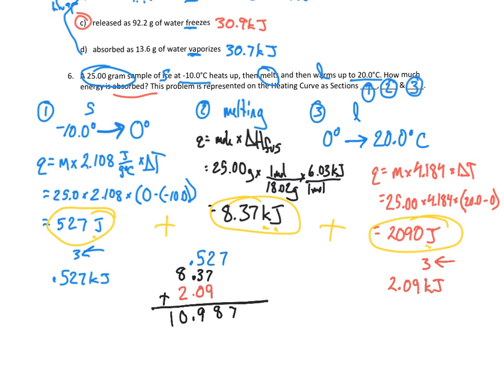Okay, so where do I cut off for sig figs here? It is to the least number of decimal places, which is here. That 7 makes me round up, and my final answer would be 10.99 kilojoules of energy needed to take 25 grams of negative 10 degree ice, warm it up, melt it, and warm it up to 20 degrees liquid water.